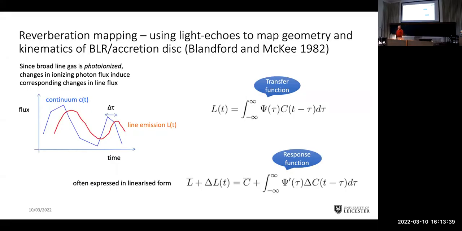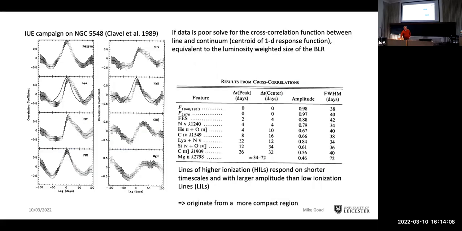In the modeling techniques that we use to match the light curves, we usually guess a response function, the kernel, convolve that with the observed continuum light curve and try to match it to the line light curve. In that way we can optimize our fit, take another guess at the kernel, and keep going iteratively. That in essence is reverberation mapping.